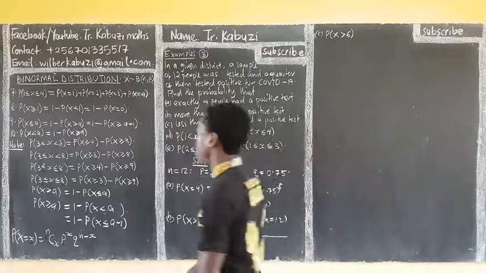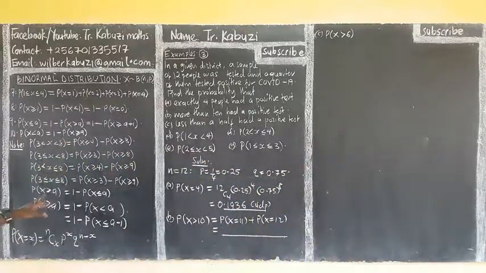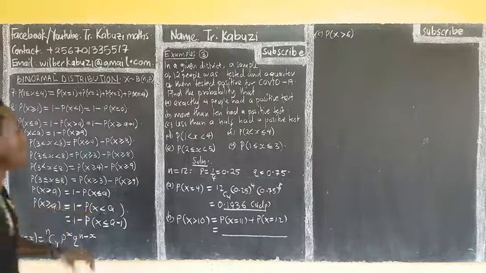If you have more than a half, you can read it as x greater than or equal to this, or greater or equal to, the opposite of less or equal to that.